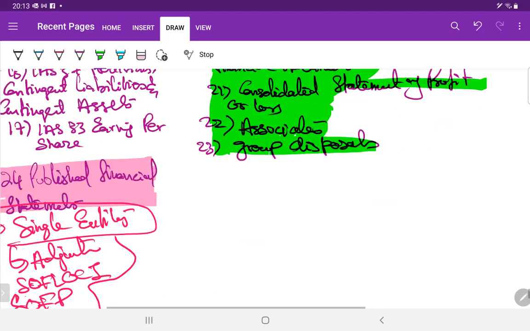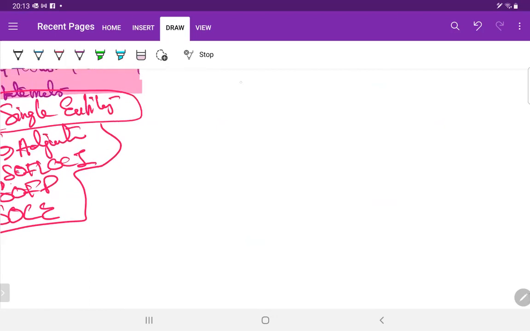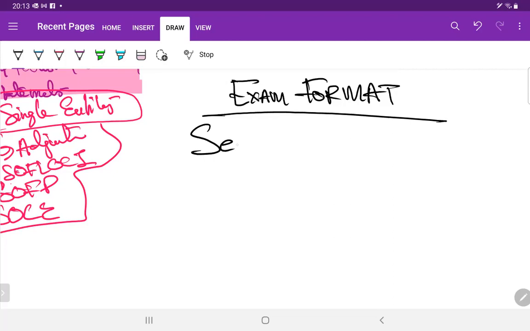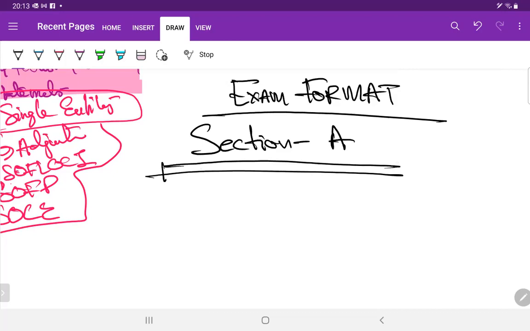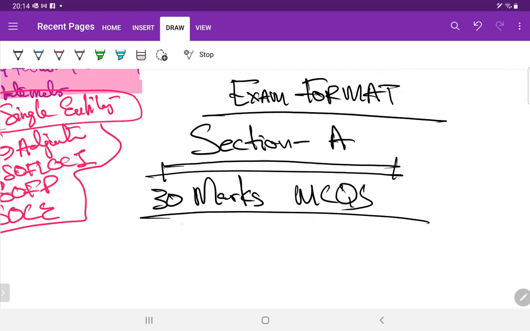Right now, what is the paper format? What is the exam format of F7, or you can say financial reporting? Firstly, we will have section A. In section A, you will get 30 marks of MCQs, which will have 15 MCQs of 2 marks each.